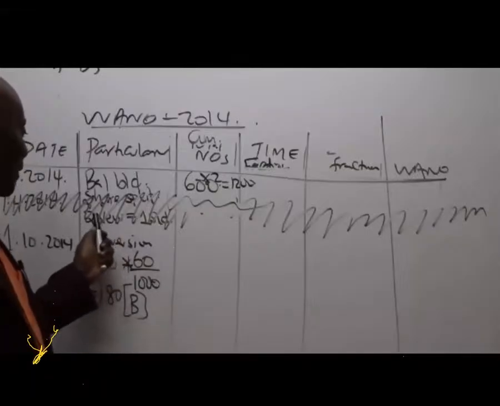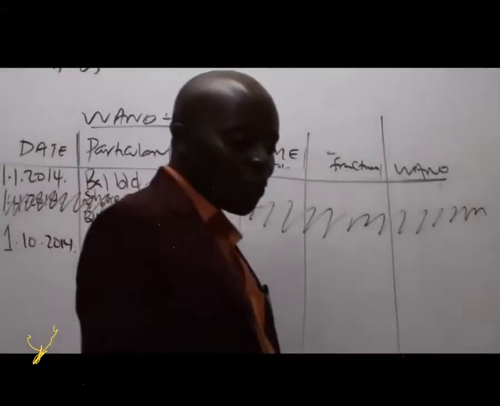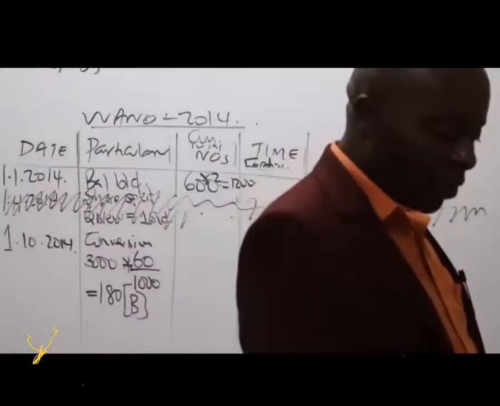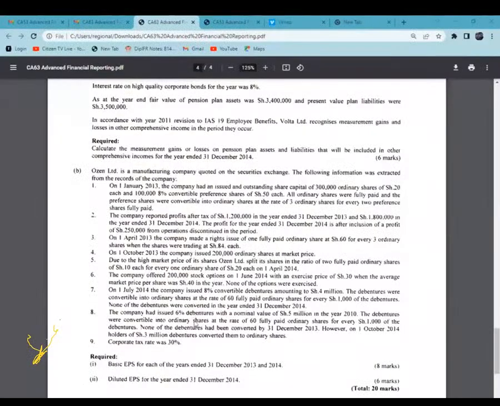Remember, this split happened in the year 2014, but these debentures were issued long time ago. The company had issued 6% debentures with a nominal value of 5 million. The debentures were convertible into ordinary shares at the rate of 60 fully paid ordinary shares for every 1,000 of the debentures.